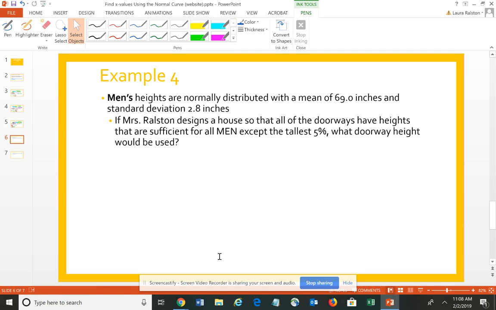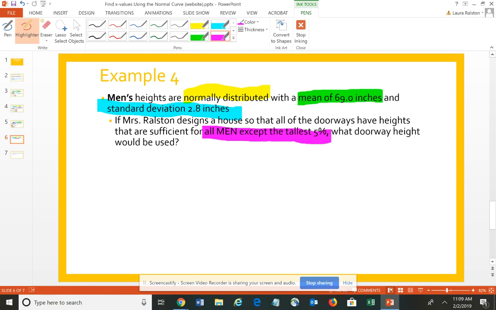Notice that they tell us that it is normally distributed. We have a mean of 69 inches and a standard deviation of 2.8 inches. And we want to make doorway heights that will fit all men except the tallest 5%.